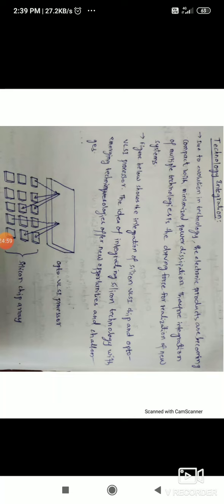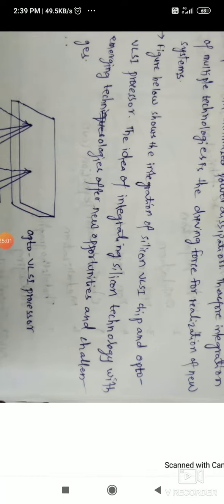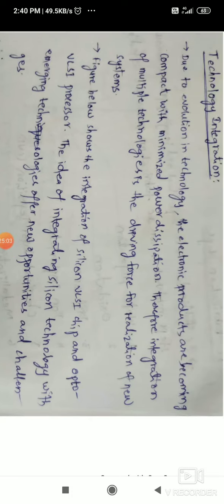Next, technology integration. Due to evolution in technology, electronic products are becoming compact with minimized power dissipation. Therefore, integration of multiple technologies is the driving force for realization of new systems.